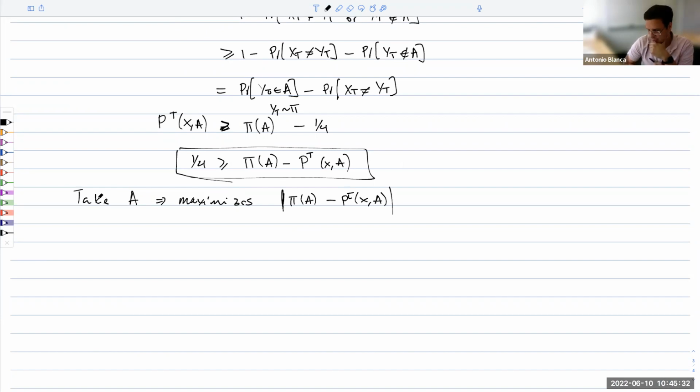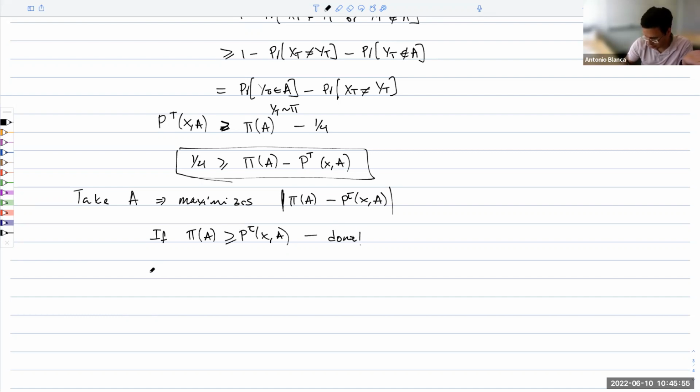Then one option is that pi of A is greater than this, in which case we're done, because the absolute value is exactly equal to this thing that we know is less than 1/4. So the total variation distance is less than 1/4. So done.